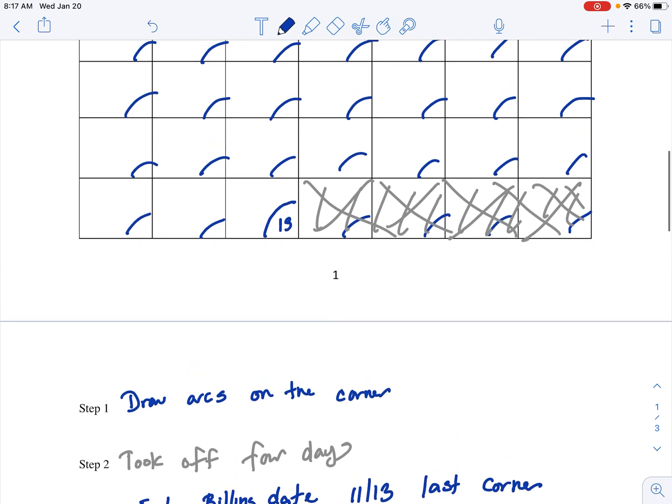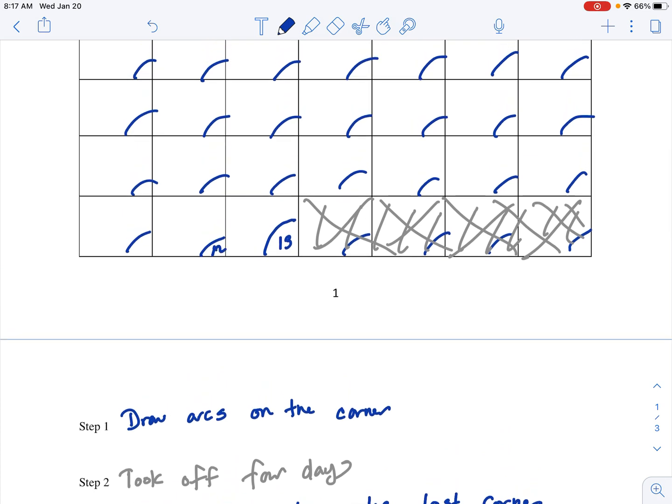So 13th, so this is November 12th, 11th, 10, 9, 8, 7, 6, 5, 4, 3, 2, 1. And October has 31 days, so this is the start of November.